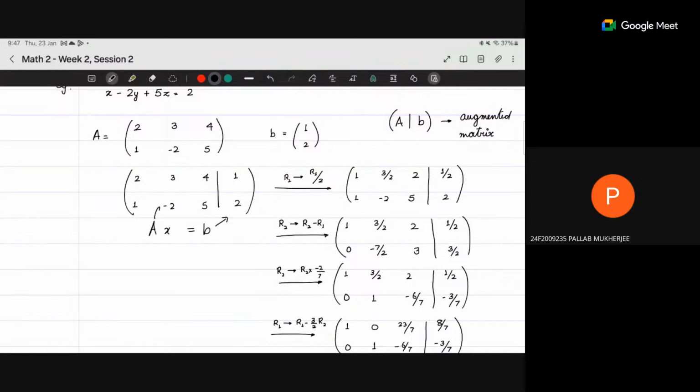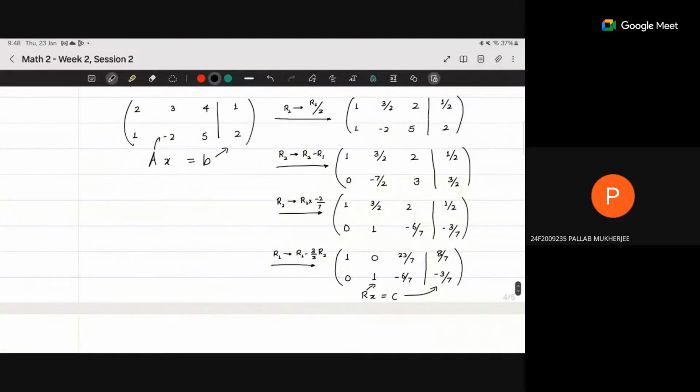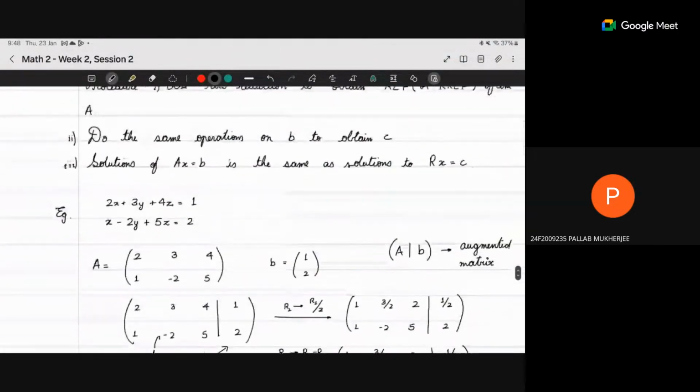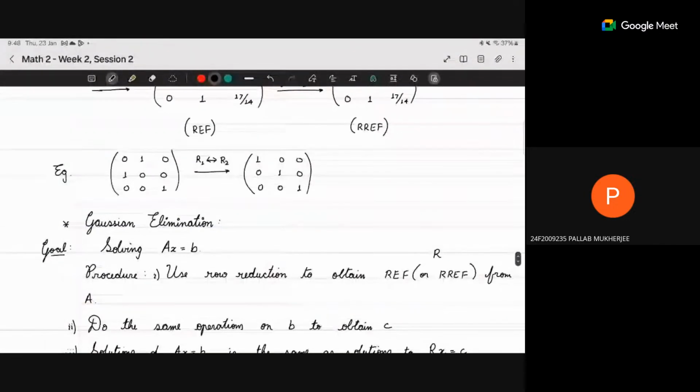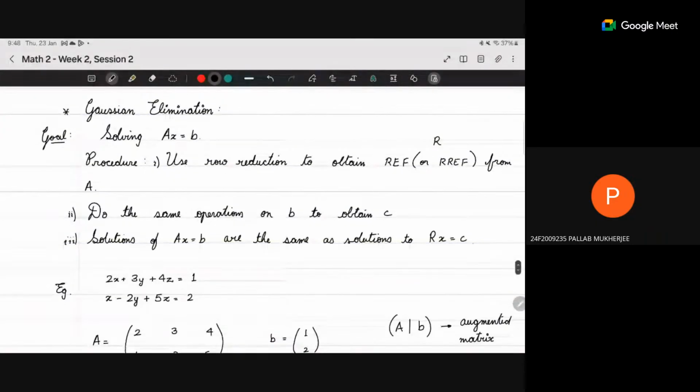Then at the end, you get a new system of equations for which the coefficient matrix is actually RREF, and that you know is easy to solve. The result over here says that solutions of Ax equal to B are the same as the solutions of Rx is equal to C.